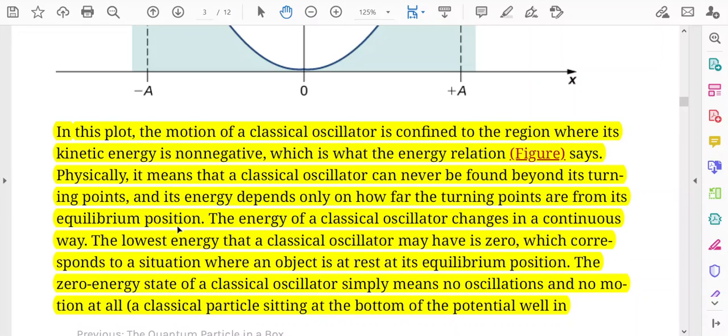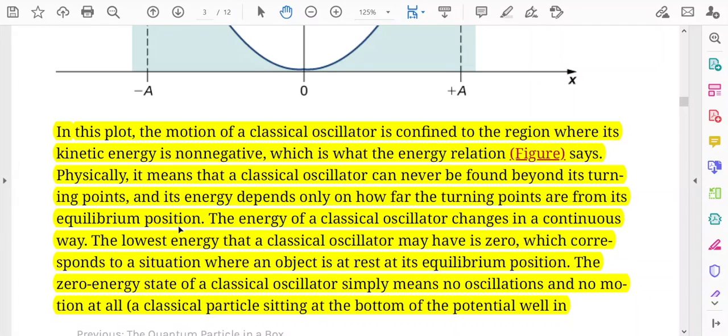If the object goes beyond these points, kinetic energy will be negative, which is not permissible.